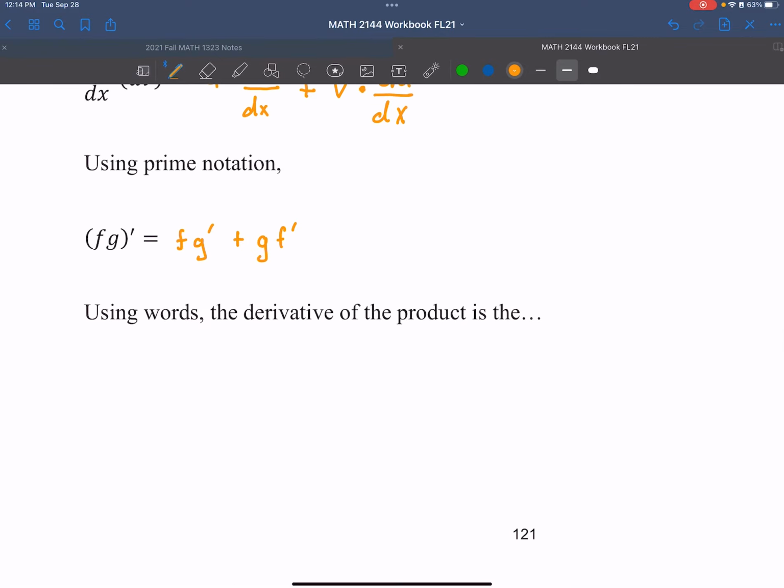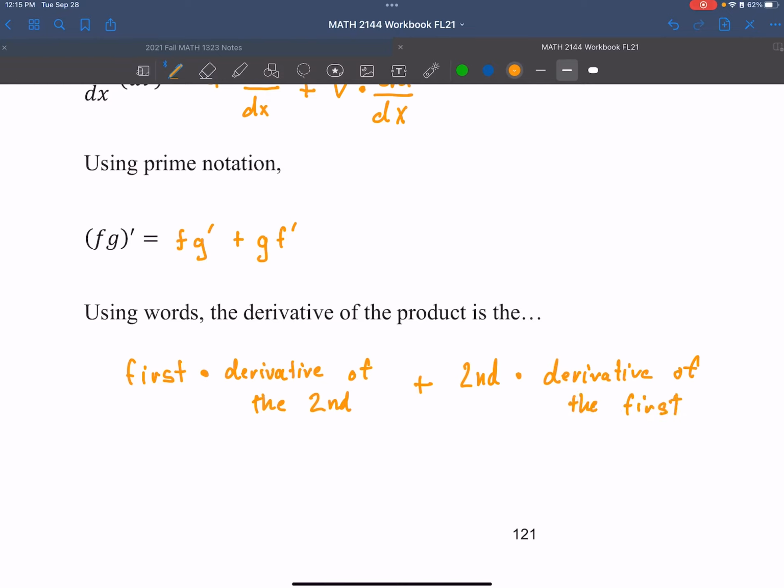Or using words, you could think about this as the derivative of the product is going to be the first times the derivative of the second plus the second times the derivative of the first.